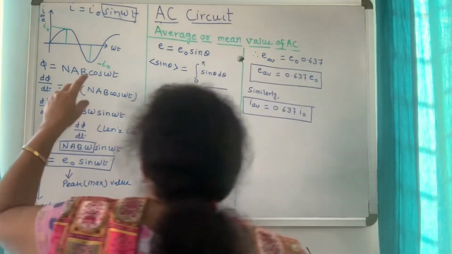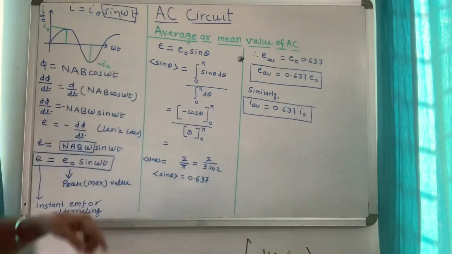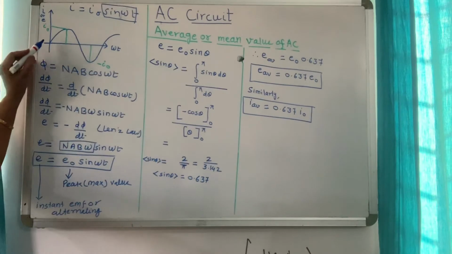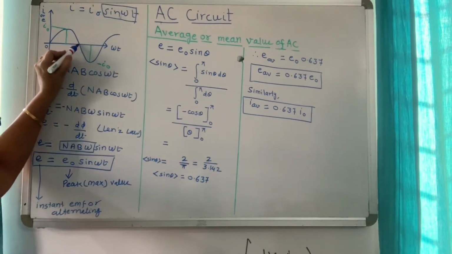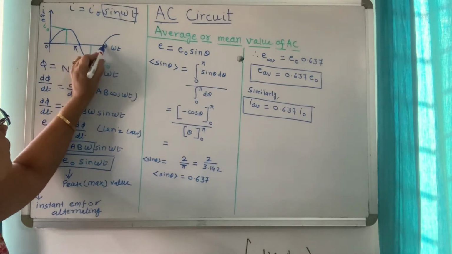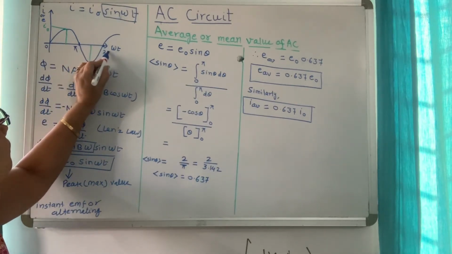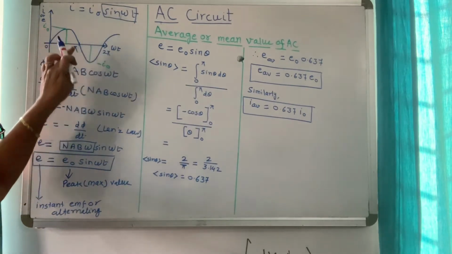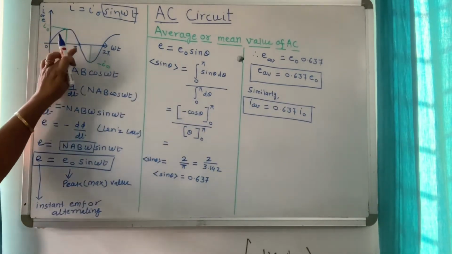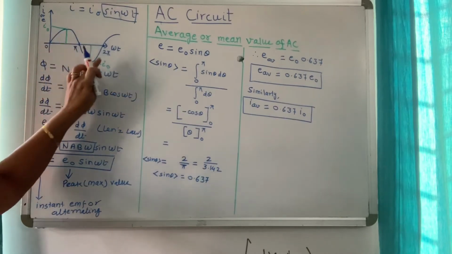So for one wave, if you are writing its phase values, this is 0, here it reaches 180 degrees, that is pi, and at 2 pi phase difference, the wave completes one oscillation, right? Having one positive value and one negative value.